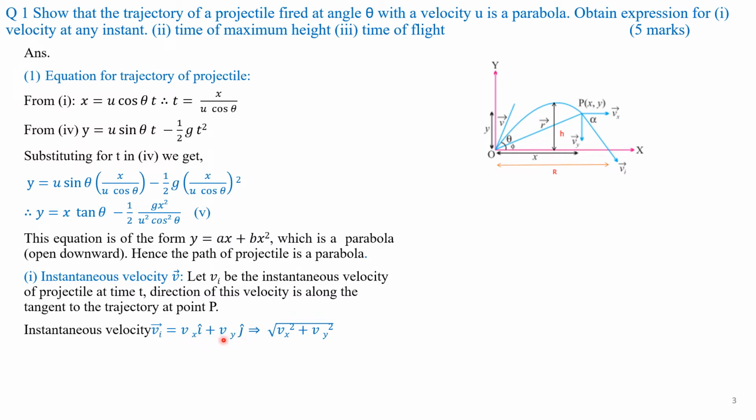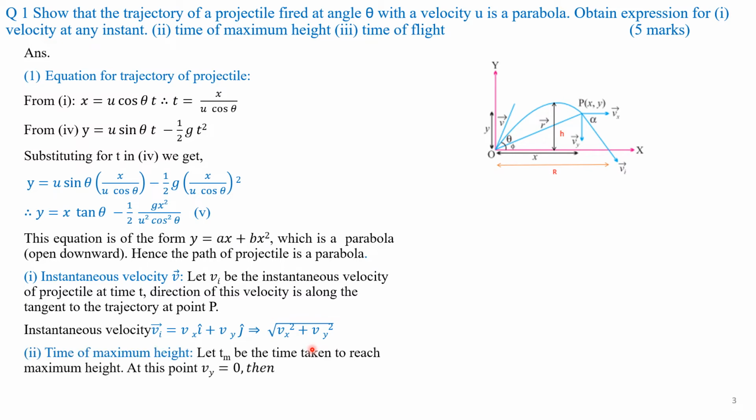That is equal to square root of vx square plus vy square. This we have seen in the previous slide. Now this is the expression for instantaneous velocity, that is, v is equal to square root of vx square plus vy square.